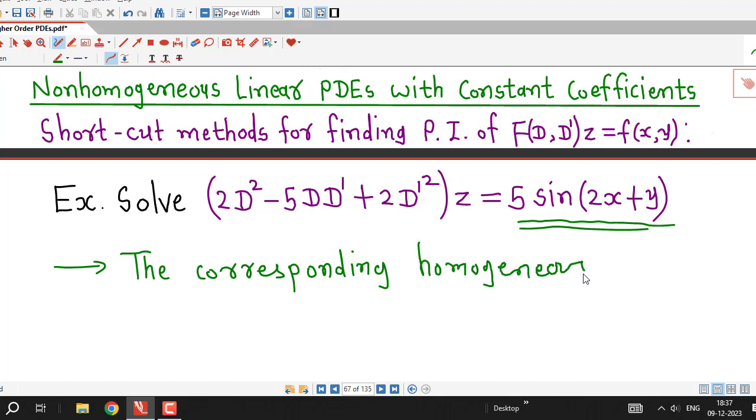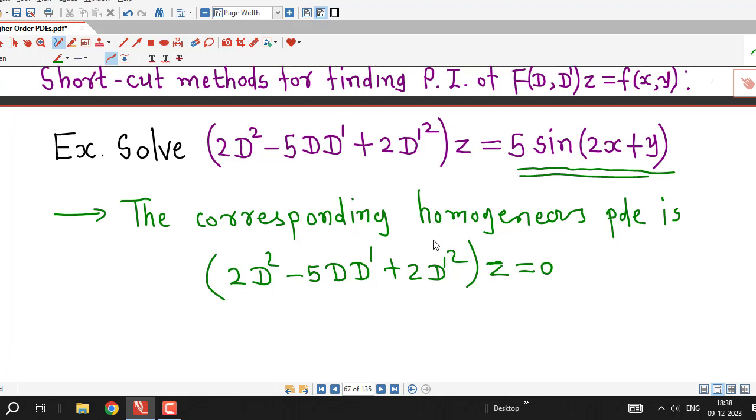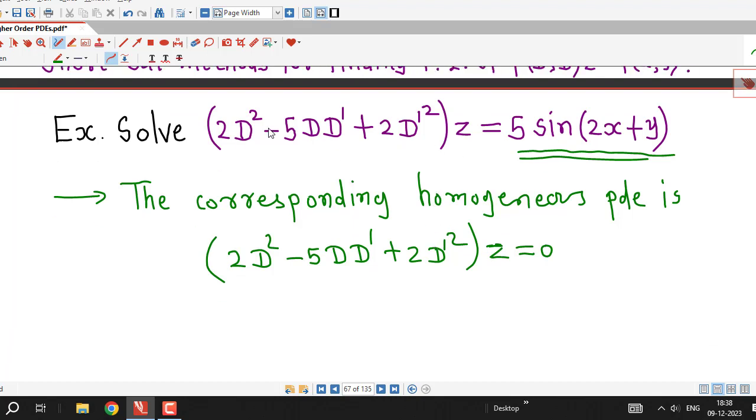We can write it by considering the right hand side equal to 0: 2D² − 5DD' + 2D'² z = 0. And we know that the general solution of this homogeneous PDE is the complementary function of the given non-homogeneous PDE.